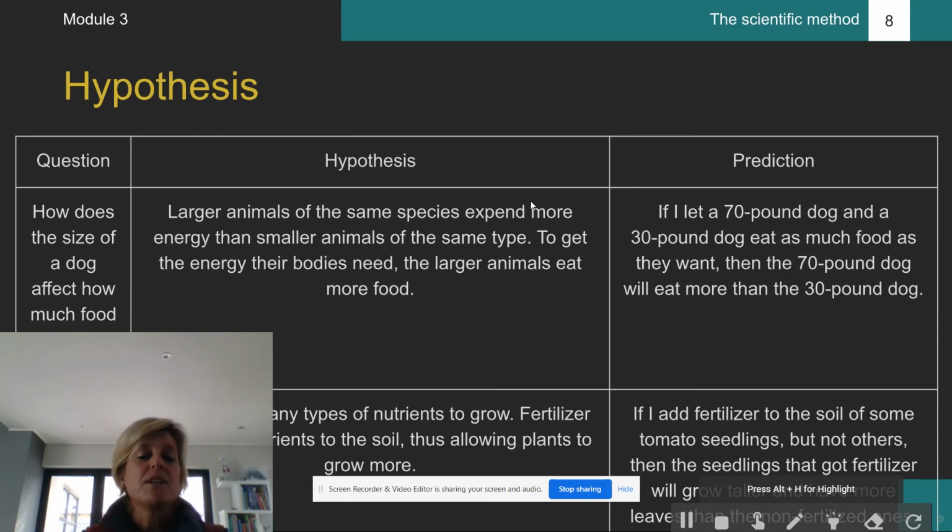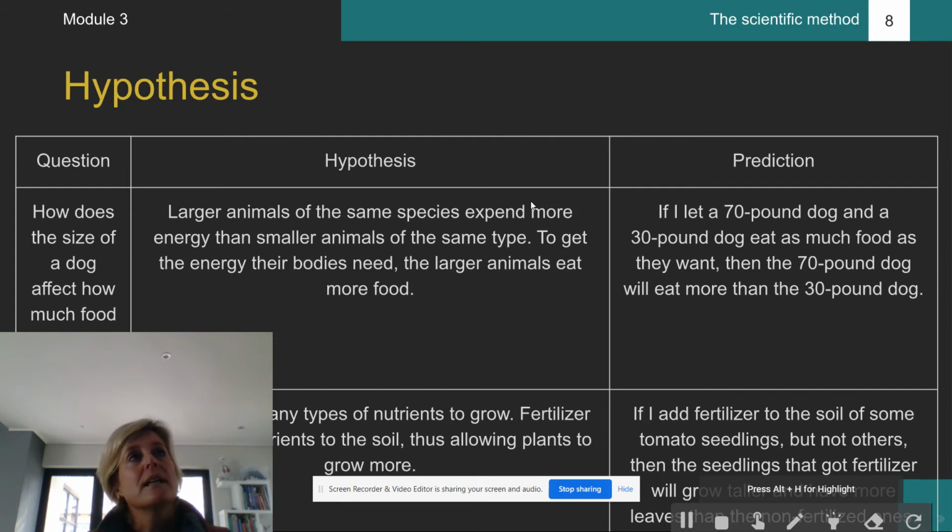A good scientific question. How does the size of a dog affect how much food it eats? A possible hypothesis would be that larger animals of the same species expend more energy than smaller animals of the same type. To get the energy their bodies need, the larger animals will eat more food. Think about this hypothesis.